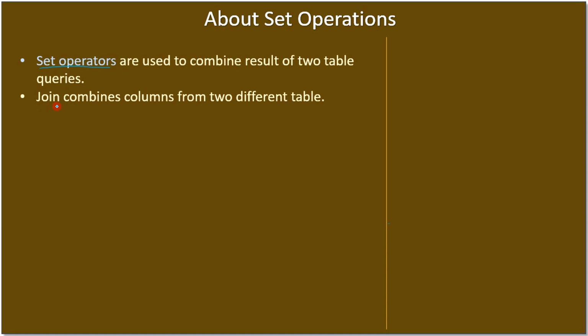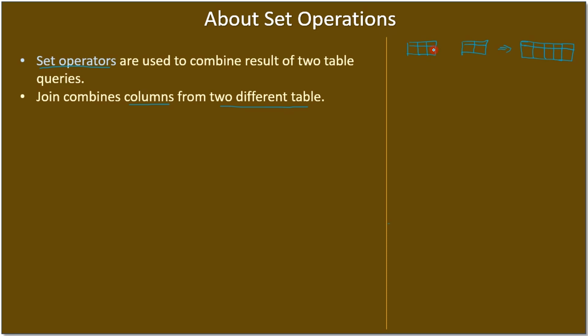In the last sub-series, we talked about the table join. A table join combines columns from two different tables. If this is the first table and it contains three columns, and this is the second table which contains two columns, then using a table join you can combine all these columns into a single table.